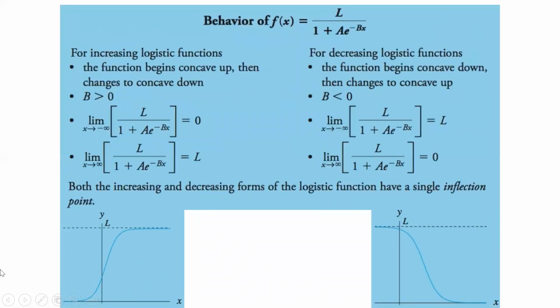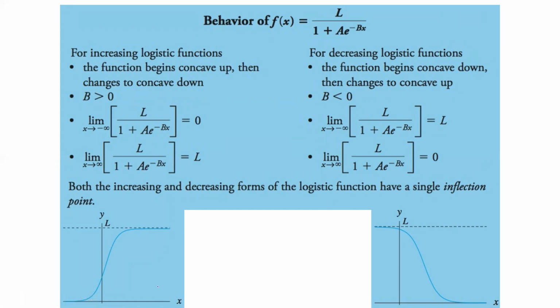All right, what is the behavior of it? Well, as we go to positive infinity, it goes to L, all the way out to L, whatever L is. And as it goes to negative infinity, it goes to 0, because again, it's trying to get close to that x-axis.